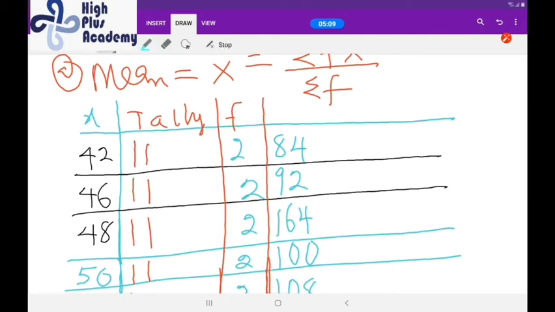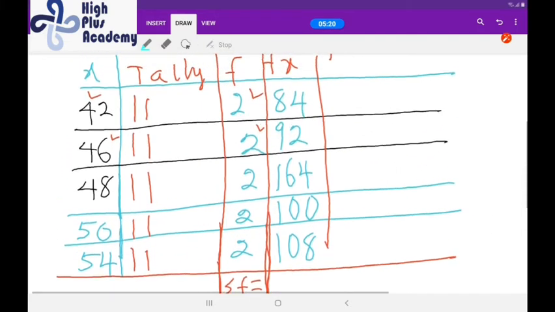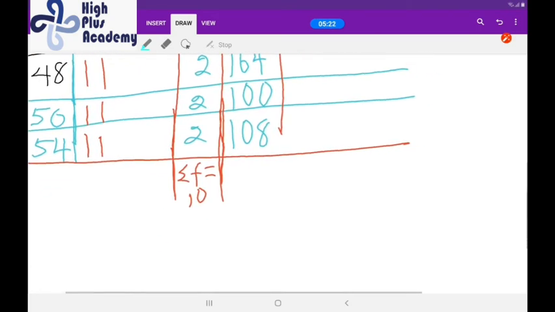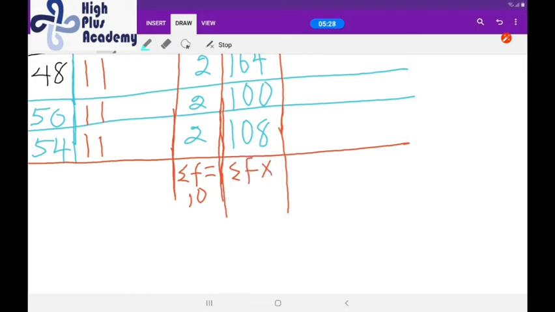Remember that what we are doing here is fx, that is 42 times 2, this times this. Good. So if you do it very well, summation fx will be equal to 548.